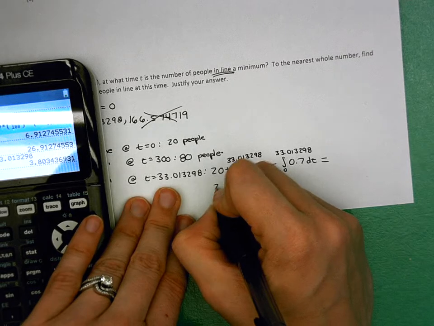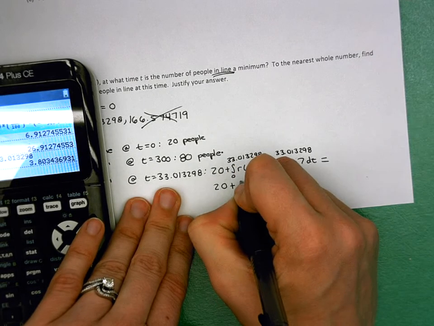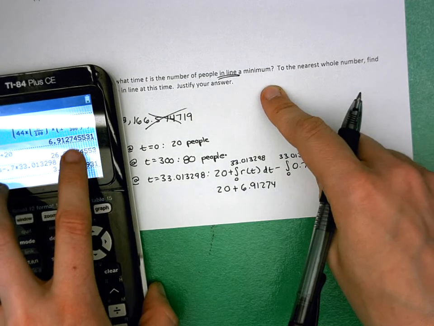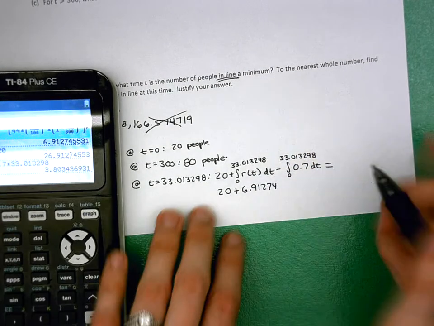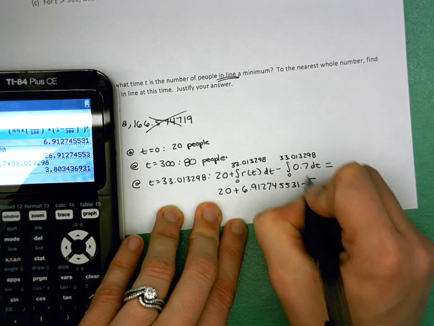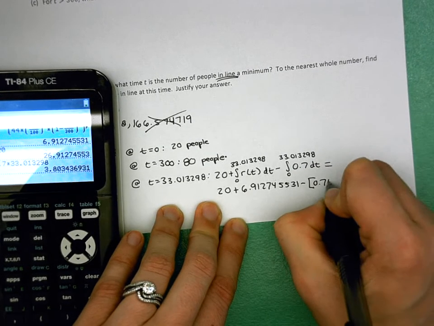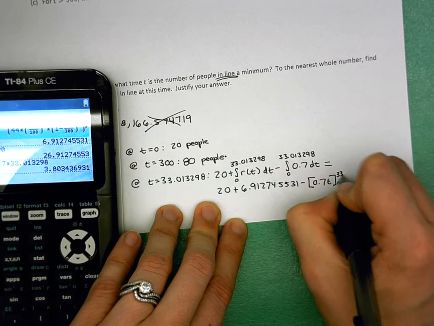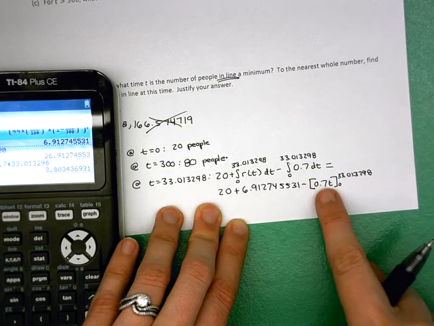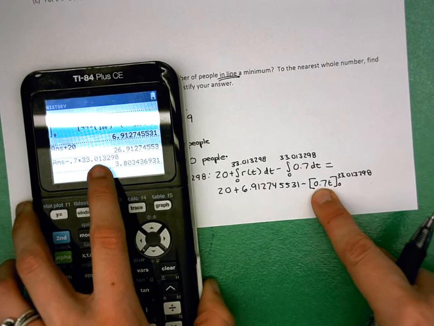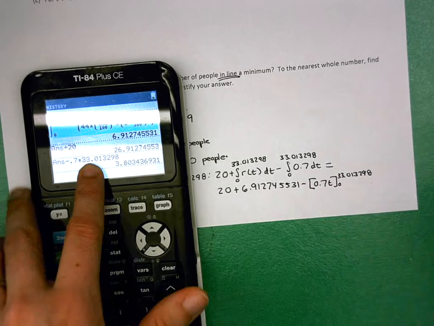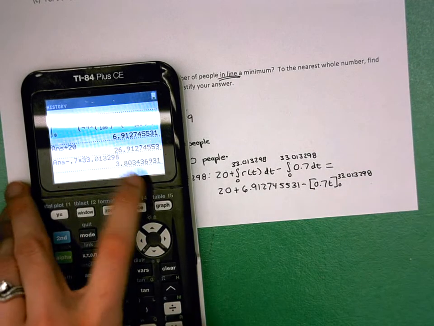So the 20 plus the 6.91274, right, this value here, the integral that I evaluated. And then I did integral of 0.7, which is 0.7t. And then plugging in the upper, you'd be multiplying it by 33.013, right? Minus plugging in the lower is minus 0, so it's not there. And so that's why you generate this 3.8 value.